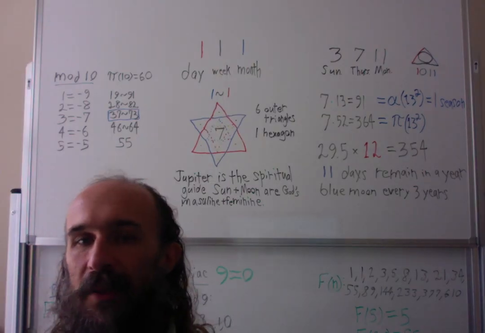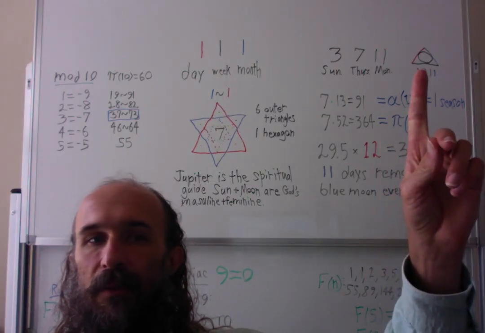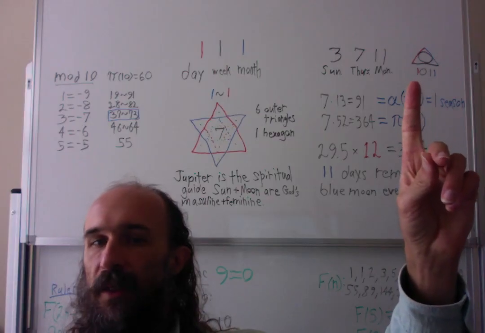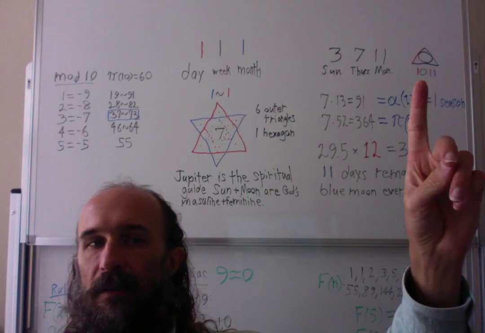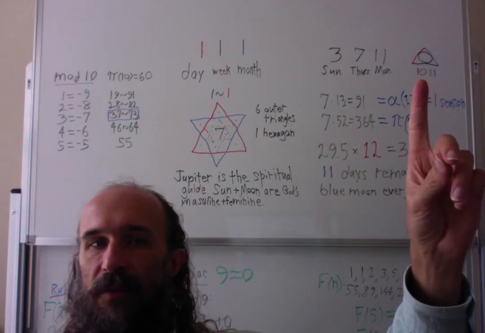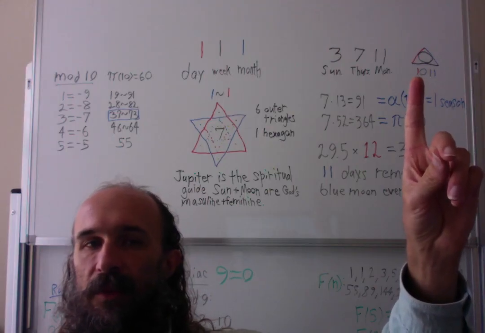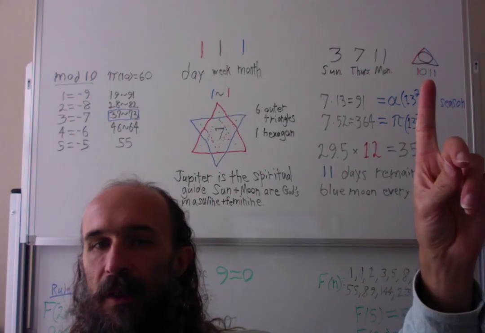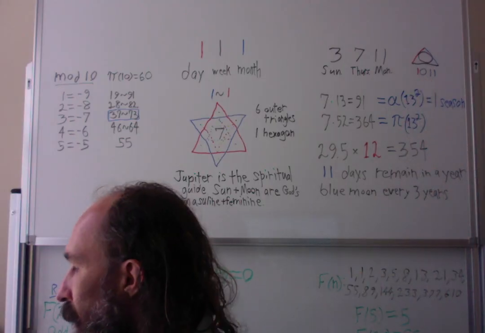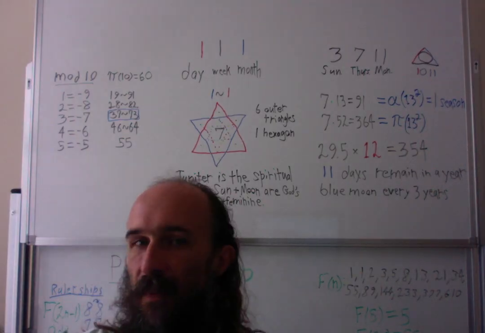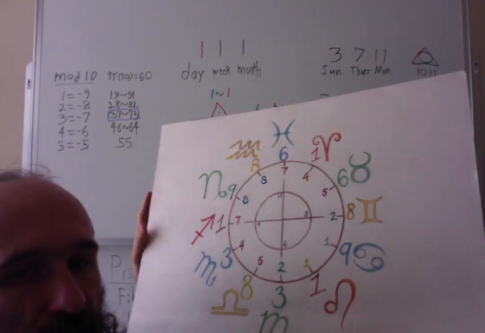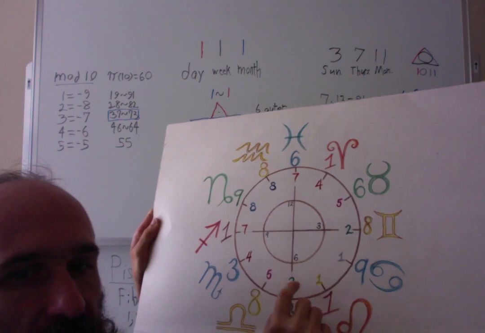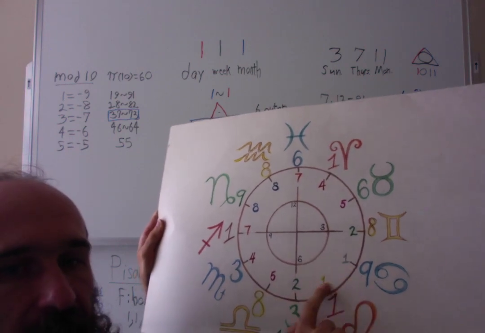Since we have a placeholder, the 0 is our placeholder, we can say 9 equals 0 and get the zodiac. We can say 13 equals 0 and get the week. So let's take a look at what happens at that specific position of 10, 11.